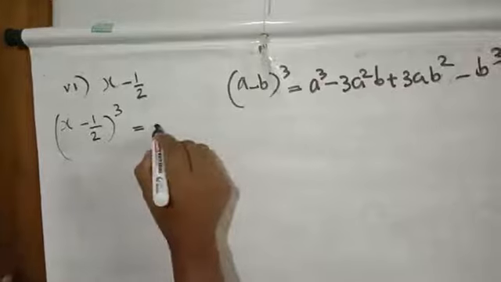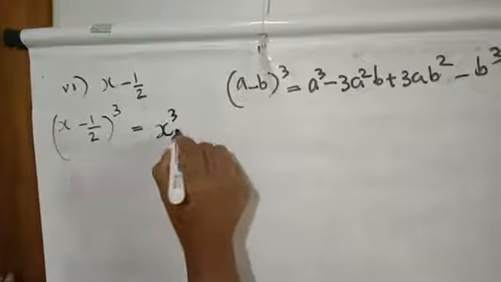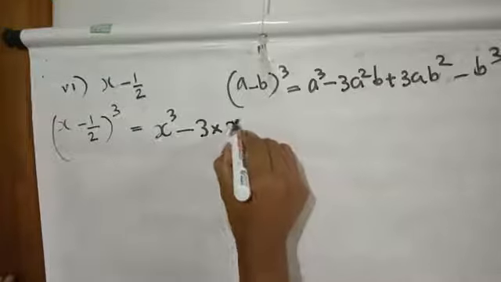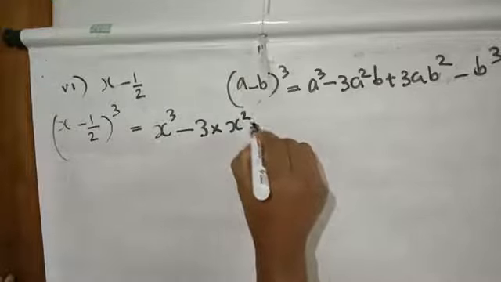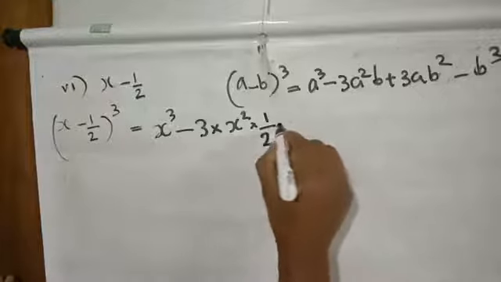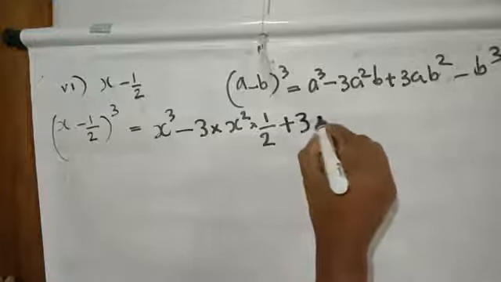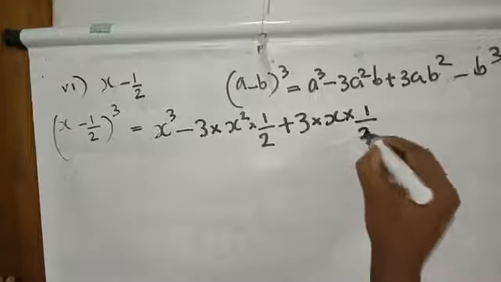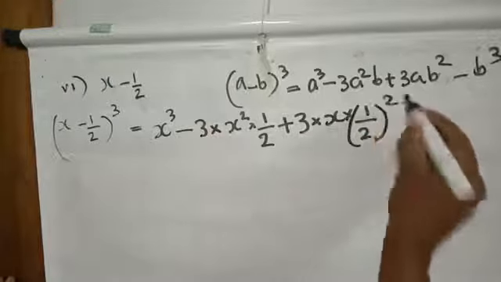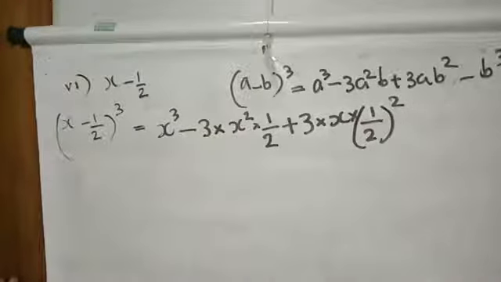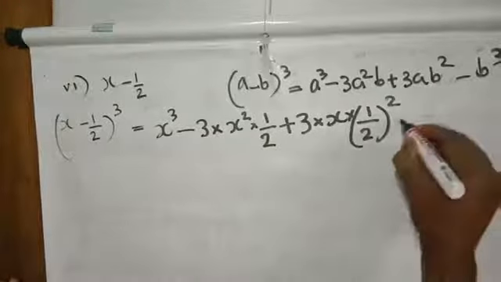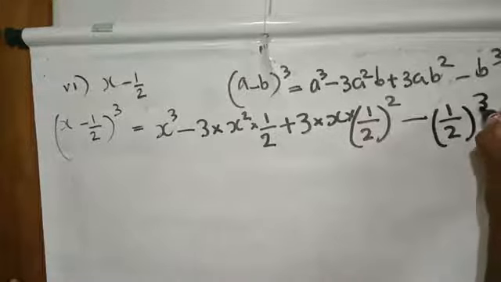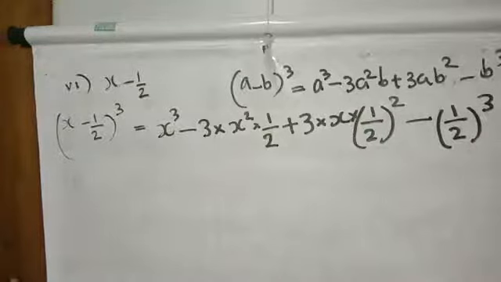So, a cube. What is a cube? X cube minus 3 into a square, that is x square into 1 by 2, b, plus 3a, a is x, b square. So take the square of 1 by 2, minus b cube, that is 1 by 2 the whole cube.